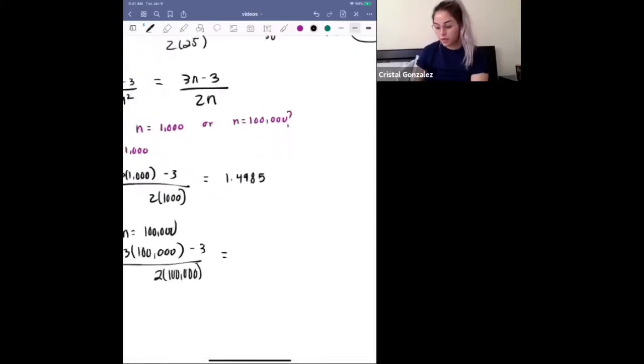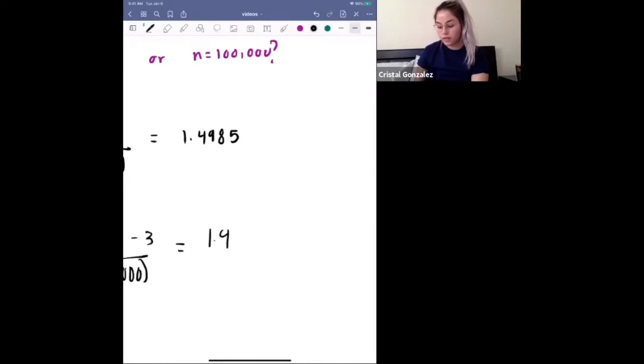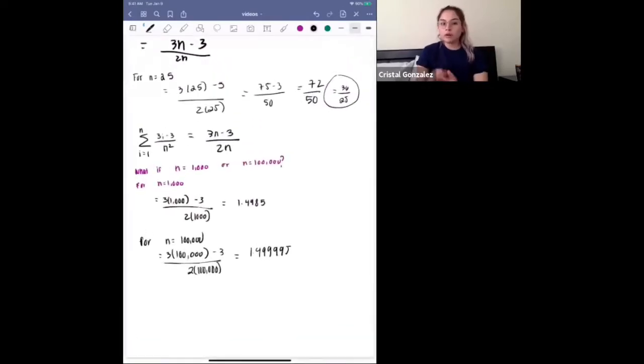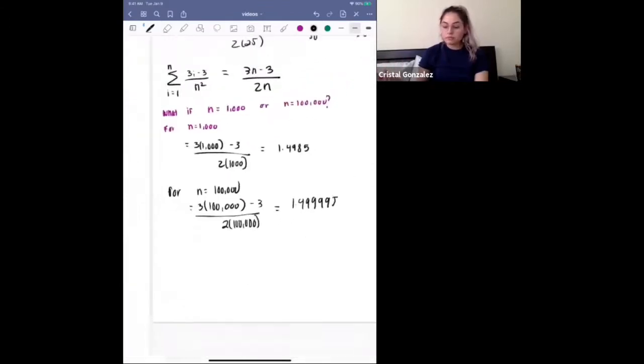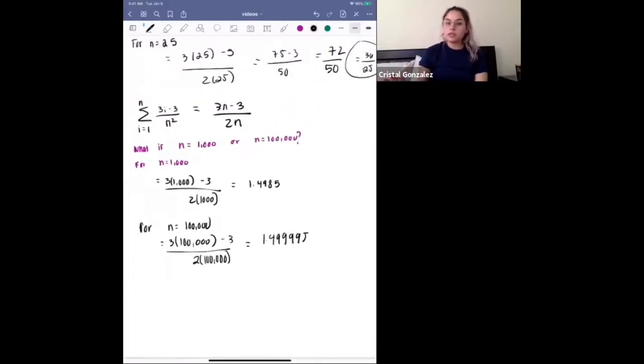And then here we'll get 1.499995. So notice these two answers are not too far off. Interesting. So what if we just did it for 1,000 and we just did it for 100,000? What if we just did it for n equals infinity?